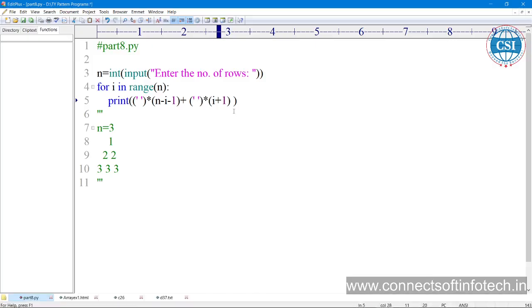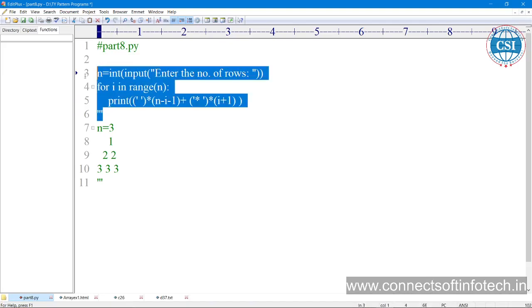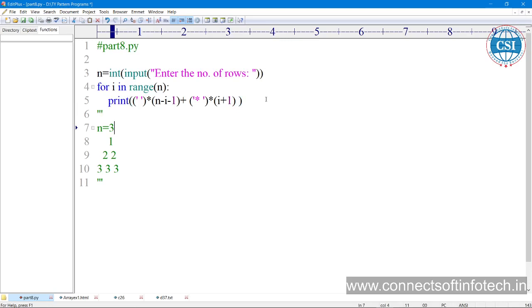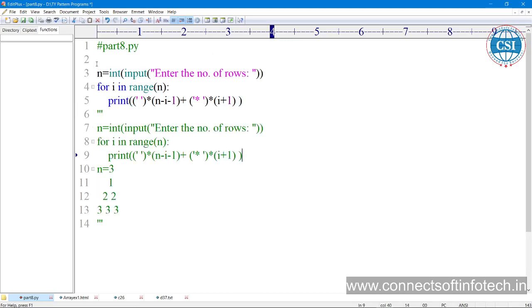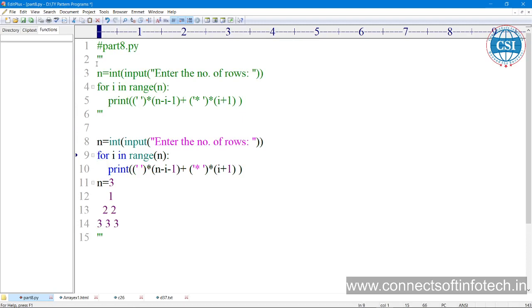So now what to do? Our code is the same. Let us copy paste this code. Now see this code. What changes do we make? We require 1, then 2 2, then 3 3 3.